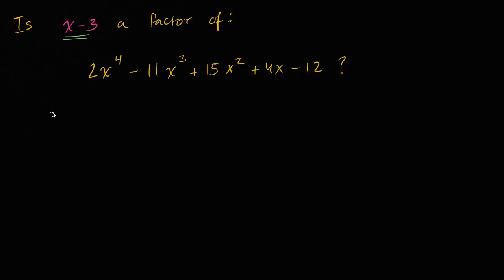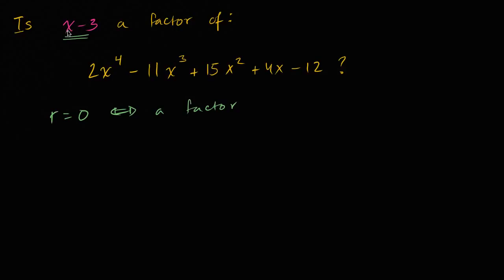So the remainder is equal to 0 if and only if it's a factor. And we know a very fast way of calculating the remainder when you take some polynomial and divide it by a first degree expression like this.